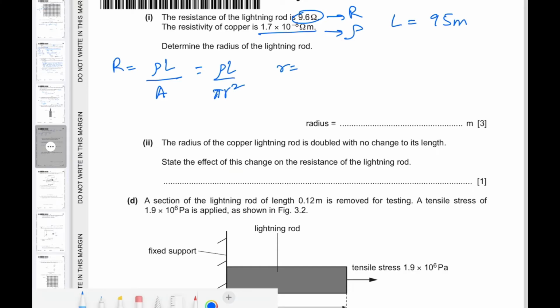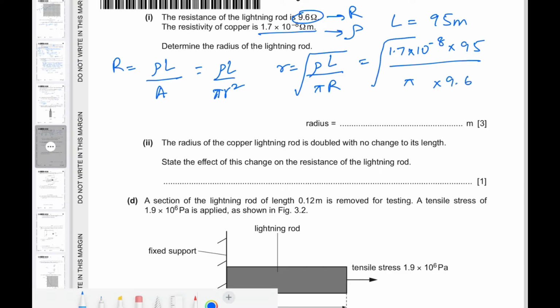That means radius is equal to the square root of resistivity times length divided by pi and resistance. This is equal to 2.3 times 10 raised to negative 4 meter of radius.